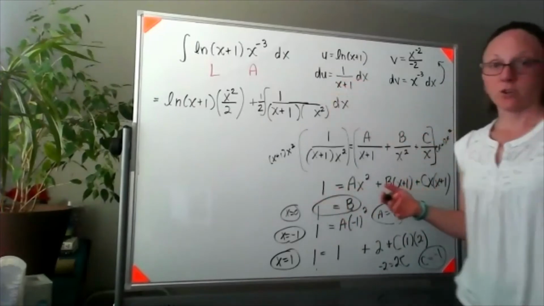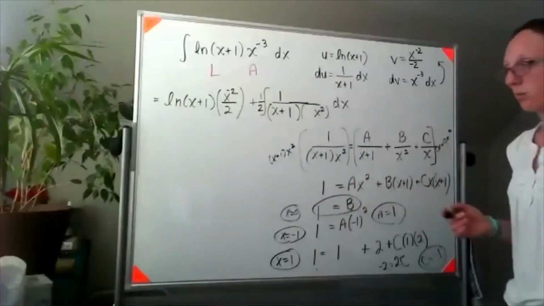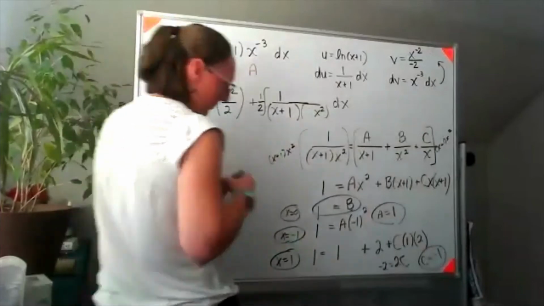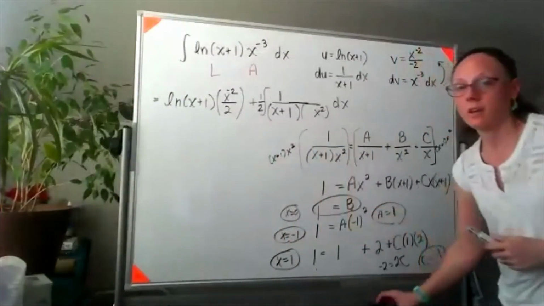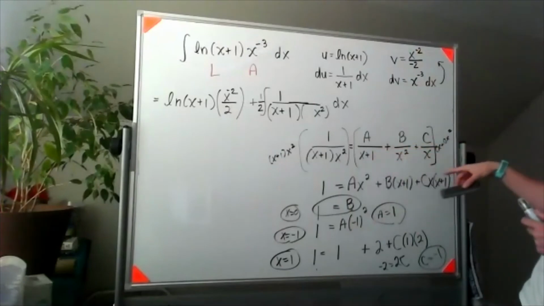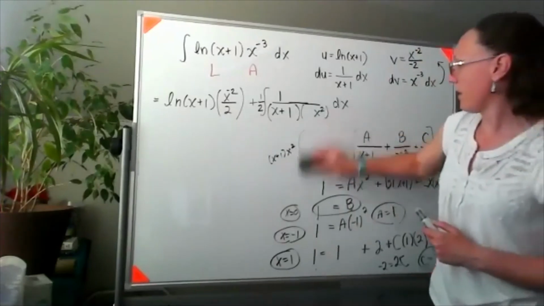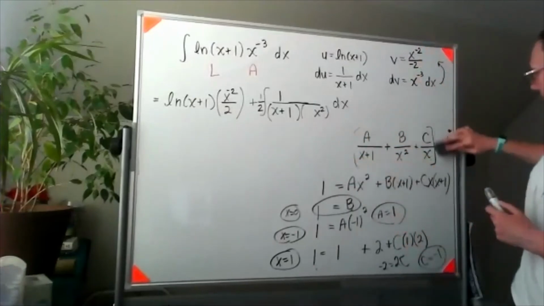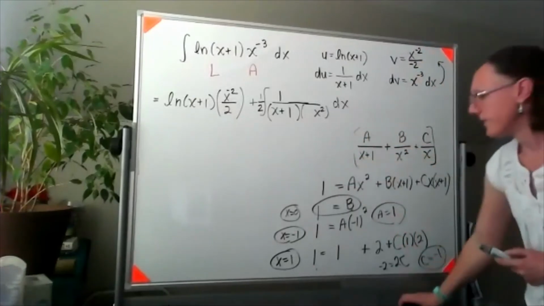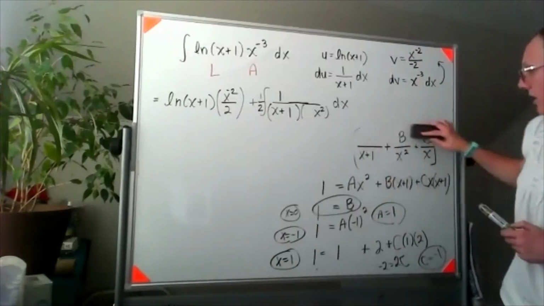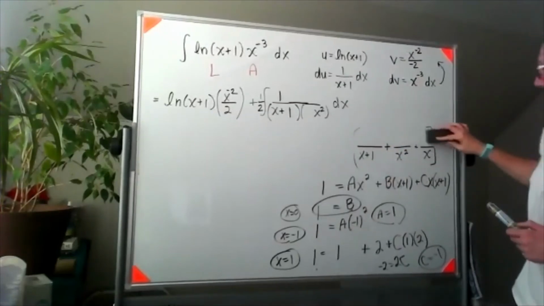We can go back to our integral at this point. And I think I'm going to have to erase this step. But I do want to make sure that I preserve that A was 1, B was 1, and C was -1.